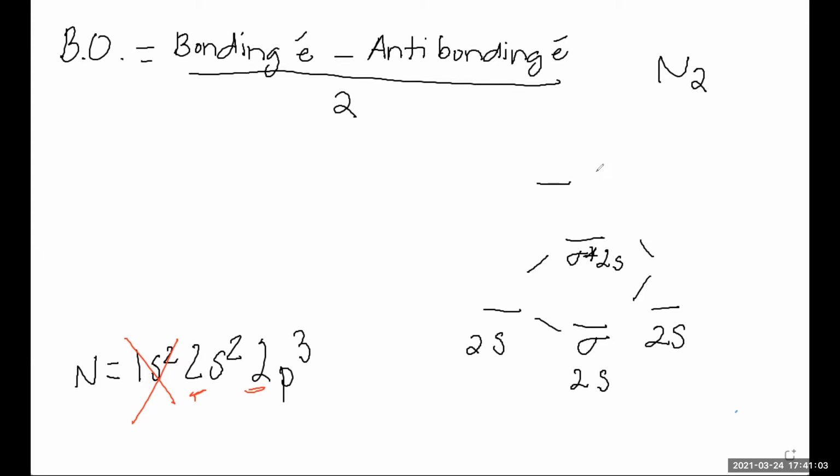And then you have pi 2p, then sigma 2p, and then pi. Let me redraw it again, I'm running out of space.